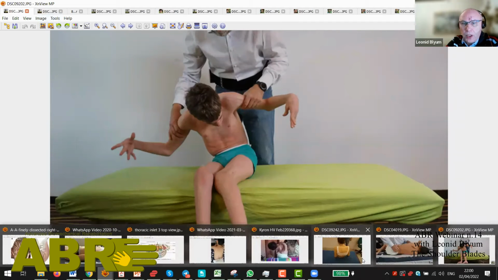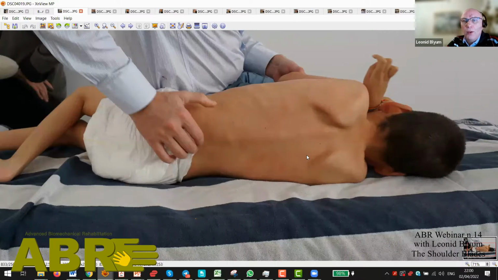And the third scenario that we're going to look at are those more depleted scenarios, right? So you see where we cannot really fully see the development of the back, and we see the shoulder blades more as just bones, right?